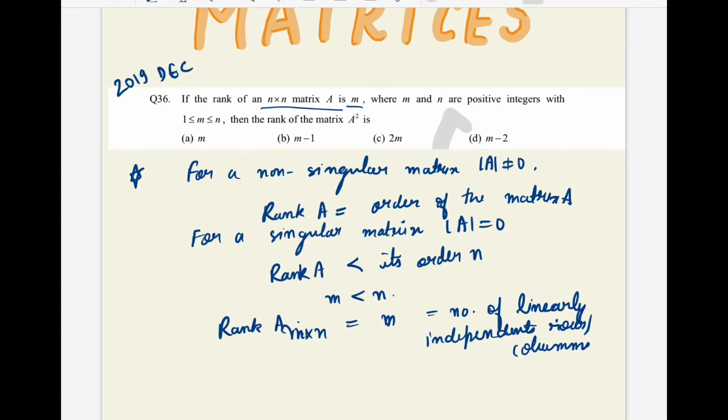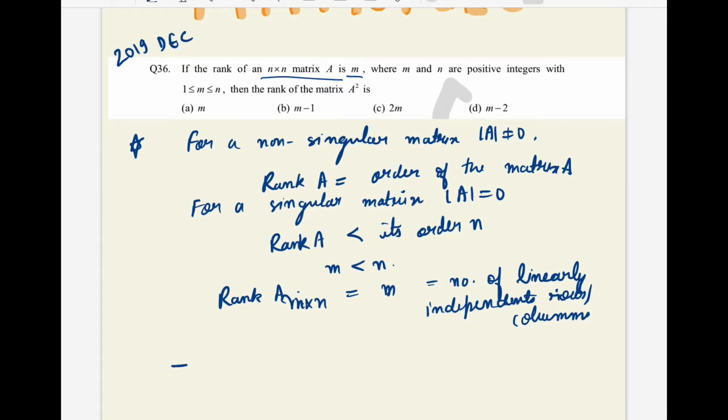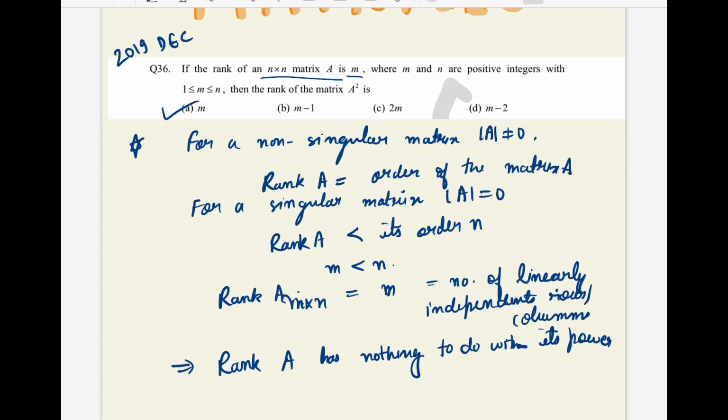So rank A has nothing to do with its power. Whether it's a square or cube or anything, it will always be m. So option A is the correct answer.